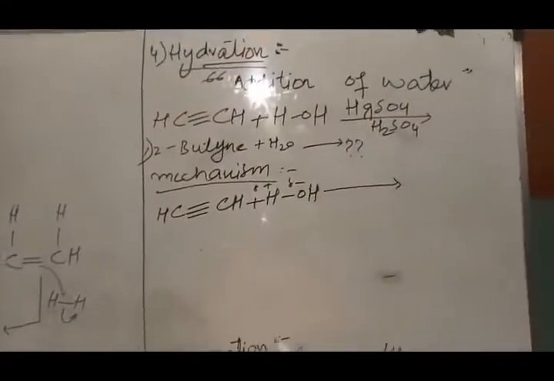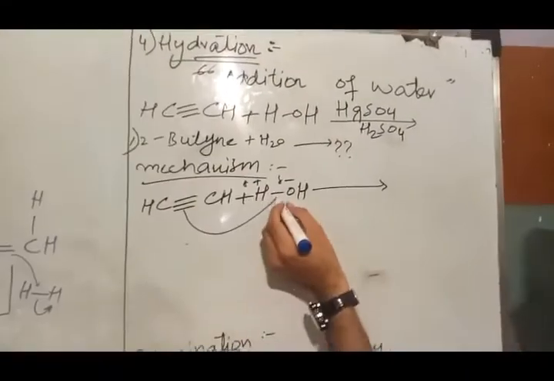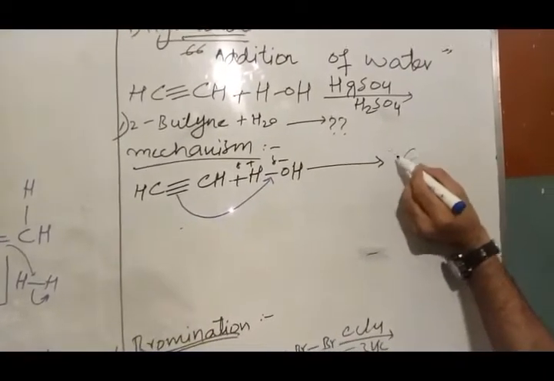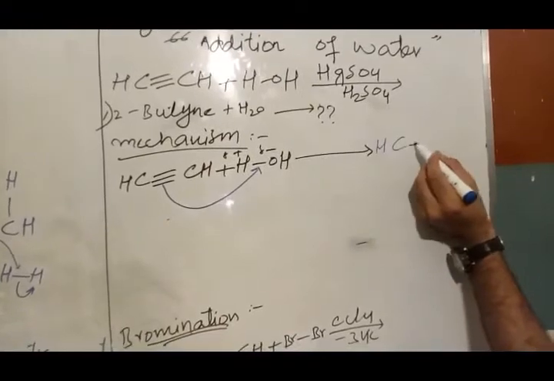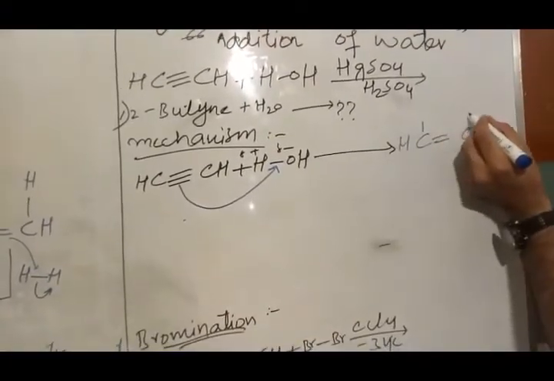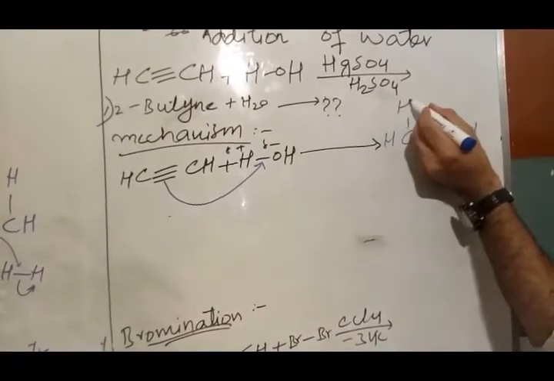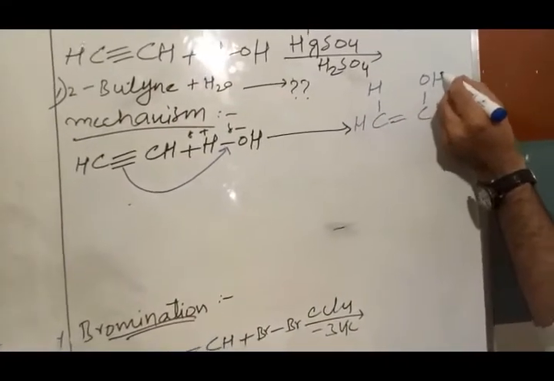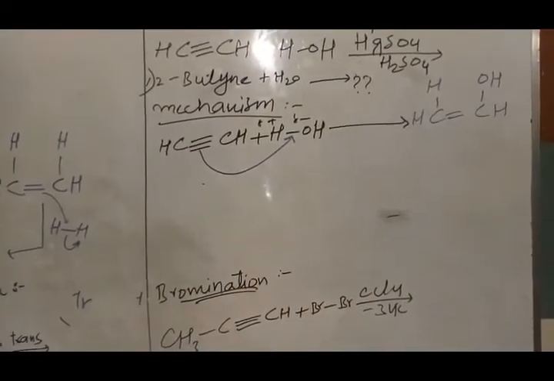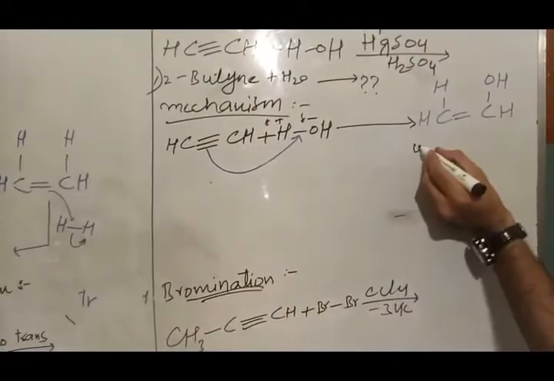Dear students, now the arrow will go from this side to this water molecule. As a result, first this product will be prepared: C single bond H double bond CH, and this is our newly coming molecule, H and OH. Now dear students, here some instability is created.